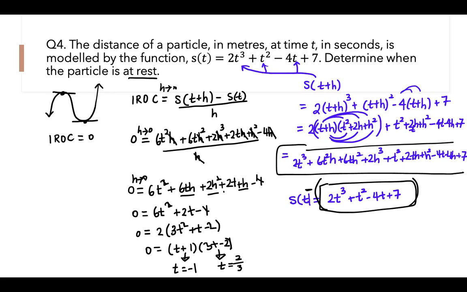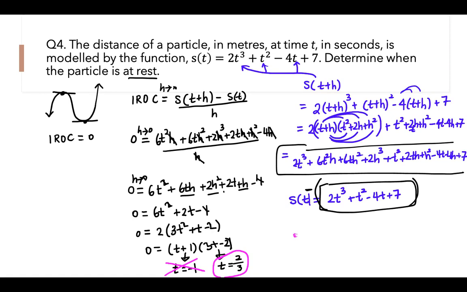Now what do you notice? Can the time be negative? No, the time cannot be negative. So therefore, this is not possible. The only time that gives me when the particle is at rest is 2 over 3 seconds.